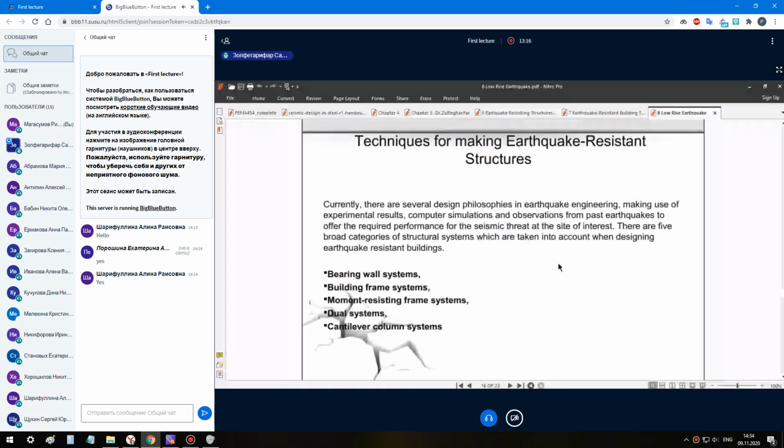Stiffness and strength are achieved through the use of rigid connections between the beams and columns that prevent these elements from rotating relative to one another.